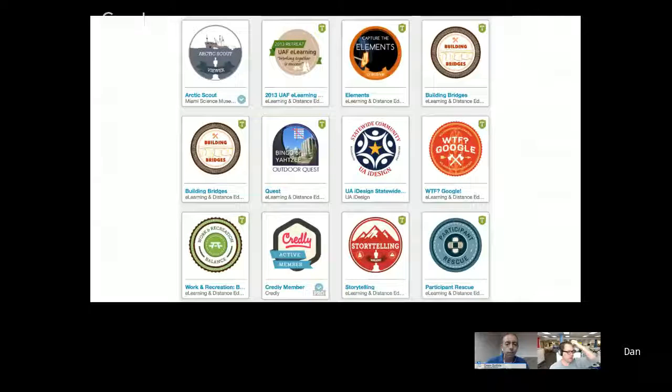And then finally, I wanted to show this. I think we're already there. It may not be exactly easy, but we're getting to a point where people can accumulate digital recognition from a number of places. And this was a screenshot, I think it's mine, of things that I had accumulated during one summer.